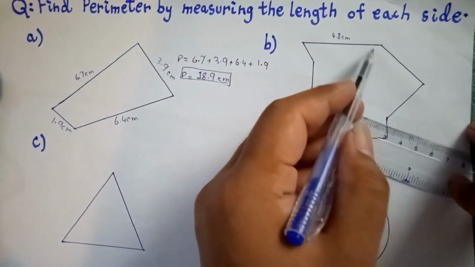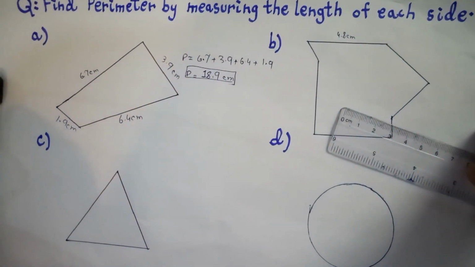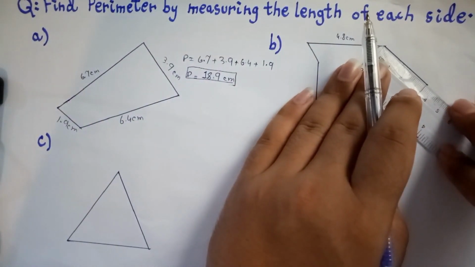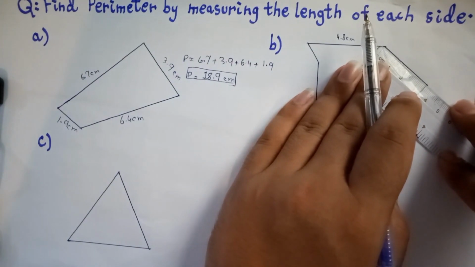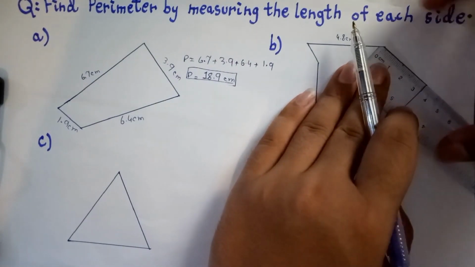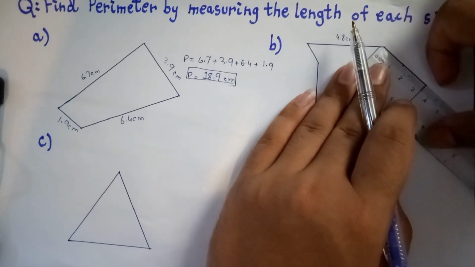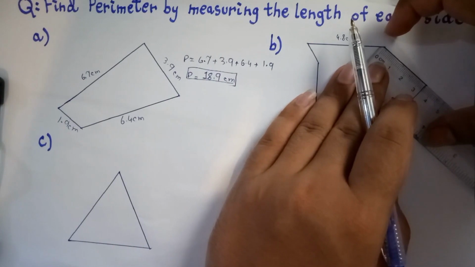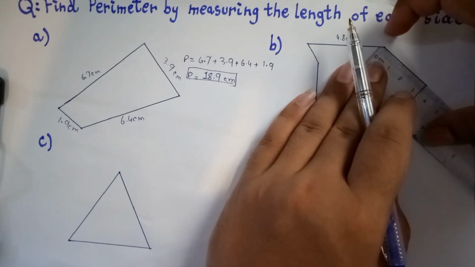Alright, so now if we talk about this length, first of all let's measure, then we can say what it is equal to. So 0 here, and wait a minute. You have to put 0 carefully. Okay, like this one.